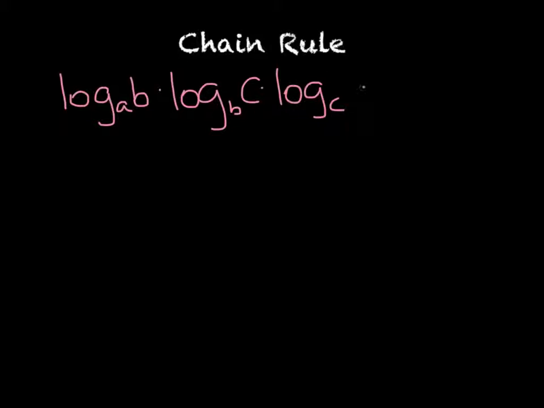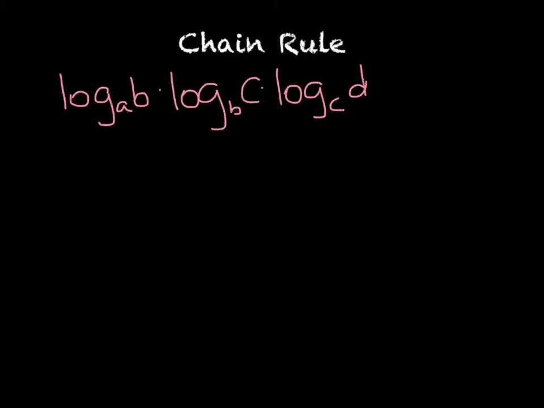One interesting property comes from the change of base rule. So if we have log base a of b, we want to multiply it by log base b of c multiplied by log base c of d. We can simplify this using something called the chain rule.